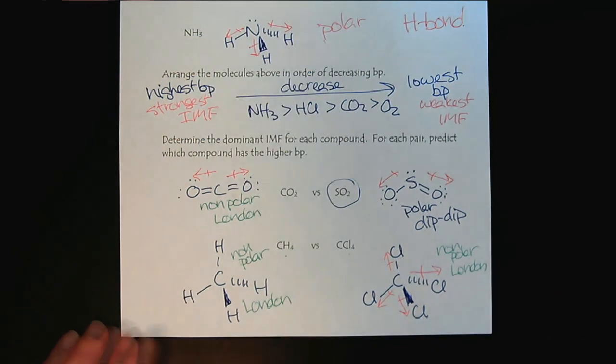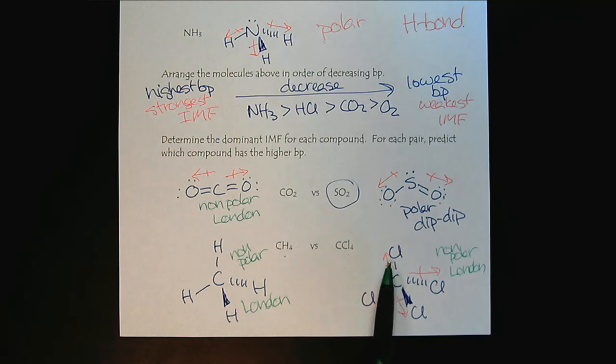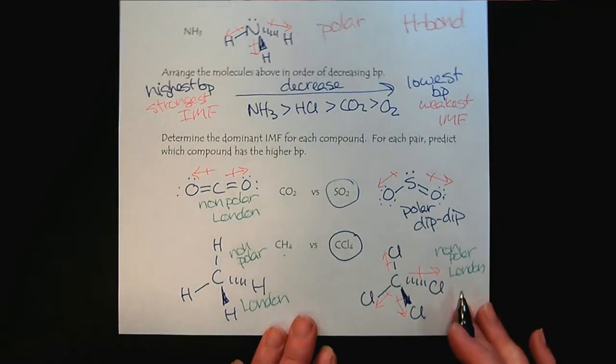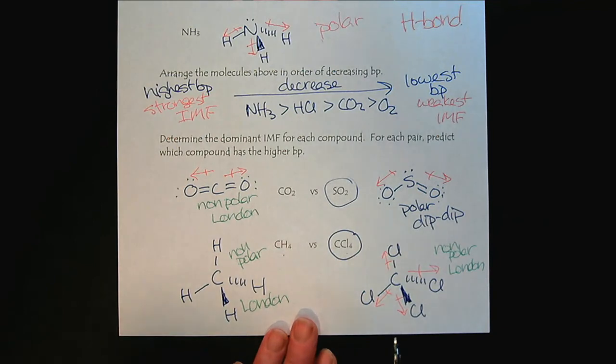Time to apply the tiebreaker. So we talked about molecular size on a previous page. Remember that chlorine has a larger size than hydrogen. So the carbon tetrachloride will have the higher boiling point because of the larger size of the chlorine atoms.